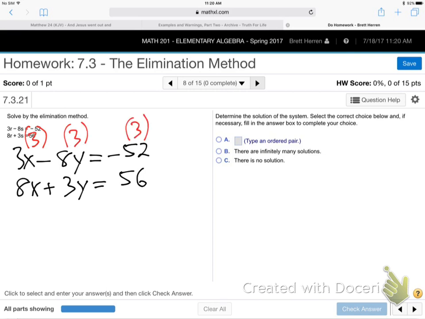Multiply top equation by 3, bottom by 8. So they're both going to become 24, right? Multiply by the other guy, both going to be 24. One's going to be a negative 24y, one's a positive 24y.